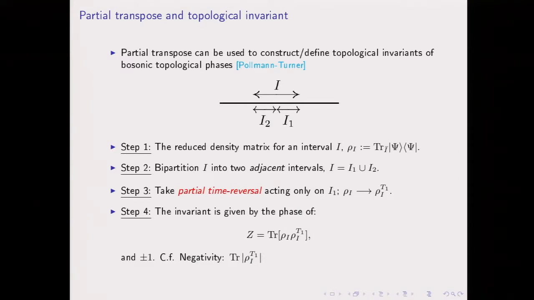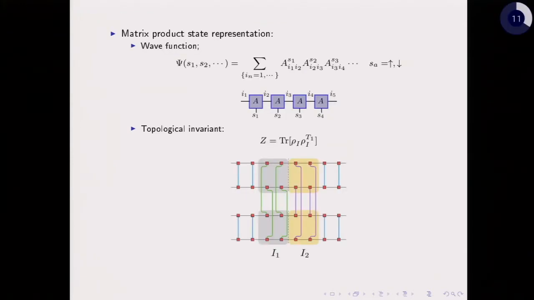Pollmann and Turner use the matrix product representation of the ground state to reach this conclusion. I want to sketch this construction a little bit. If I write out my ground state using a matrix product state, I have some matrices with physical and virtual indices, and then you can develop a matrix product state representation of this quantity.